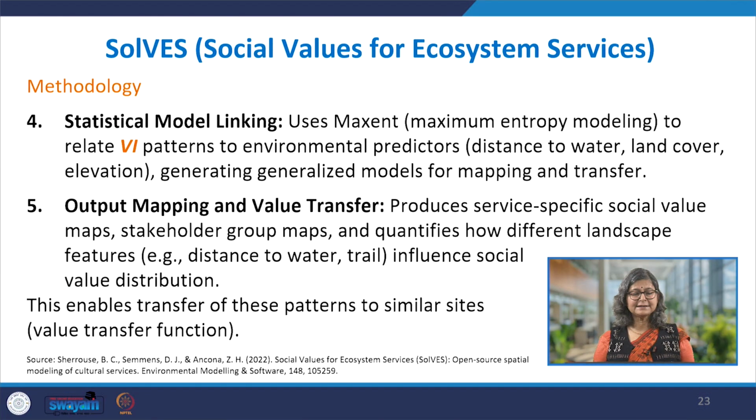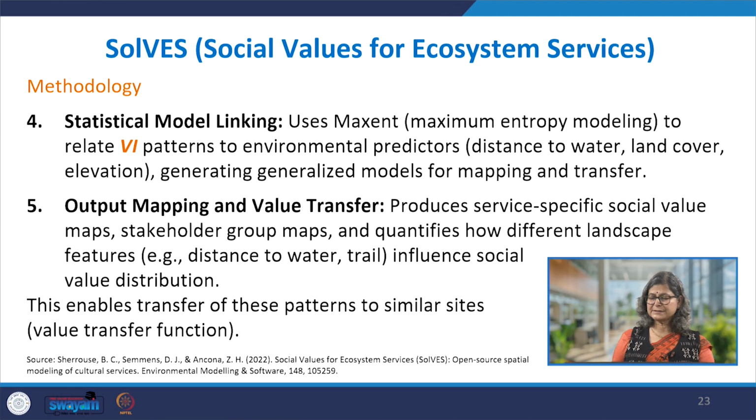Next step is the statistical model linking. Whatever we got from the society, now we bring it back. And we use maximum entropy modeling, MaxEnt, to relate these value index patterns to environmental predictors like distance to water, land cover, elevation, and we generate generalized models for mapping and transfer. Last part is the output mapping and the value transfer.